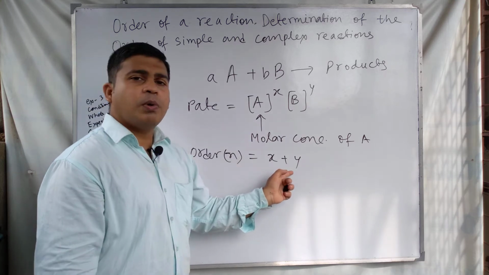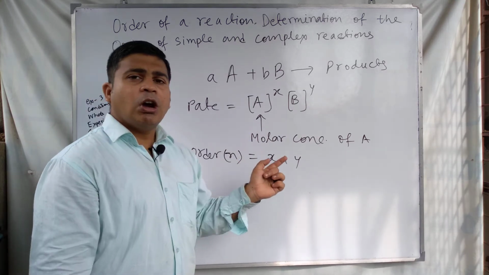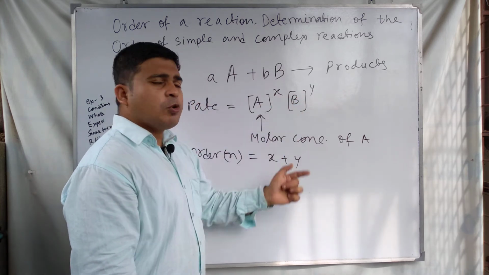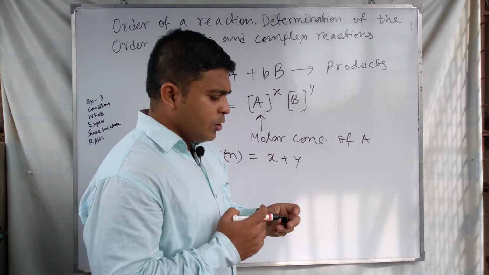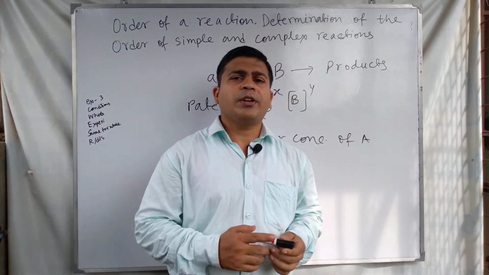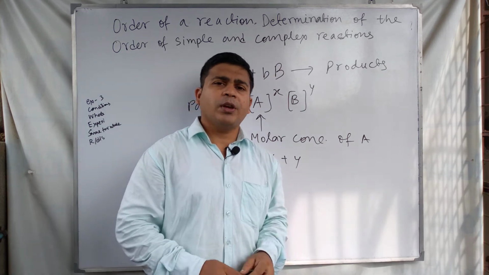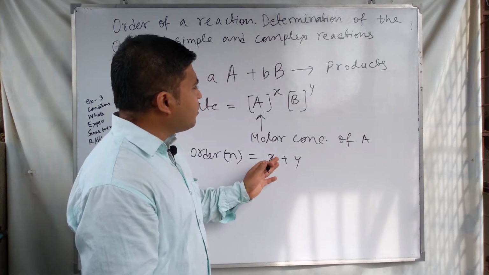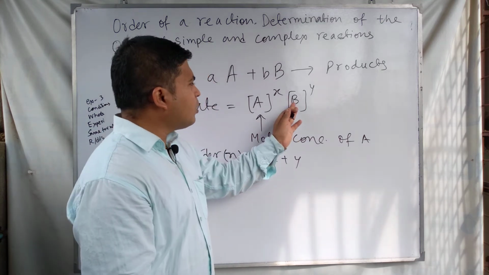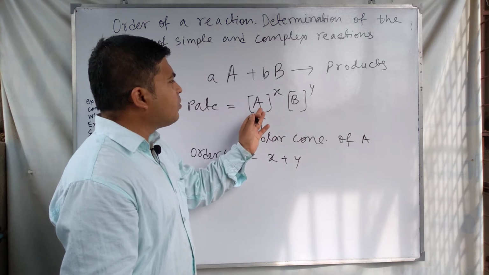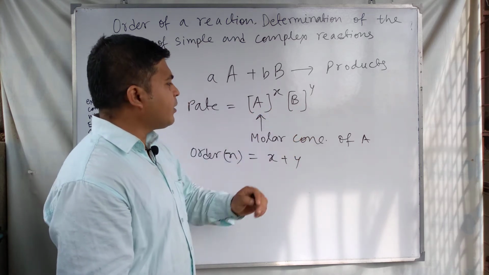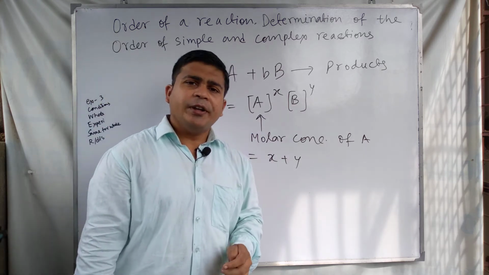If we sum these two powers, the order of the reaction is the sum of the powers of the molar concentration terms. So I think you understand what the order of a chemical reaction is and how to determine it. The order is determined by summing the powers of the molar concentration terms of the reactants that appear in the rate equation.